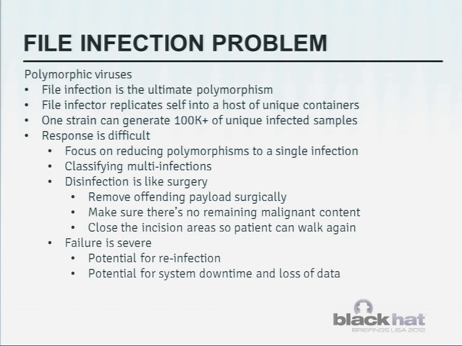Usually machines have multiple infections, and if you look at things like Virut and Sality, those are really the conduits for bringing more infections to the endpoint, and it's not unusual that a single file has multiple infections within it. So the question is, what do you disinfect from what and in what order? Disinfection really becomes like a surgery, a very delicate, very exact process where if the offending payload is not properly removed, bad things happen.